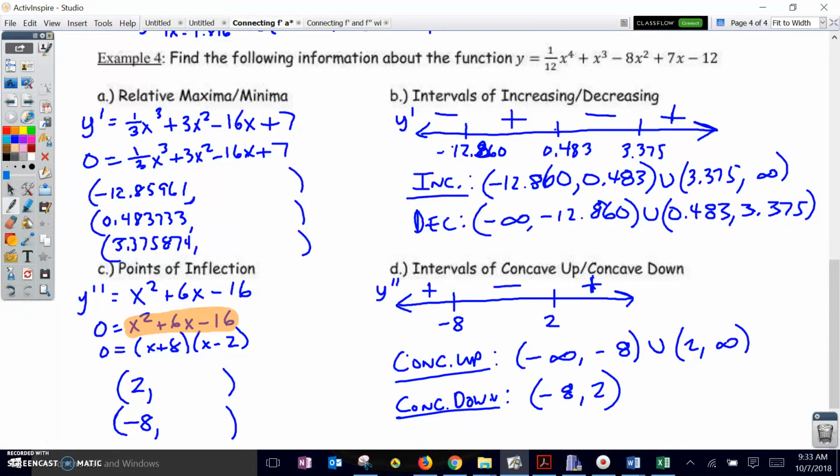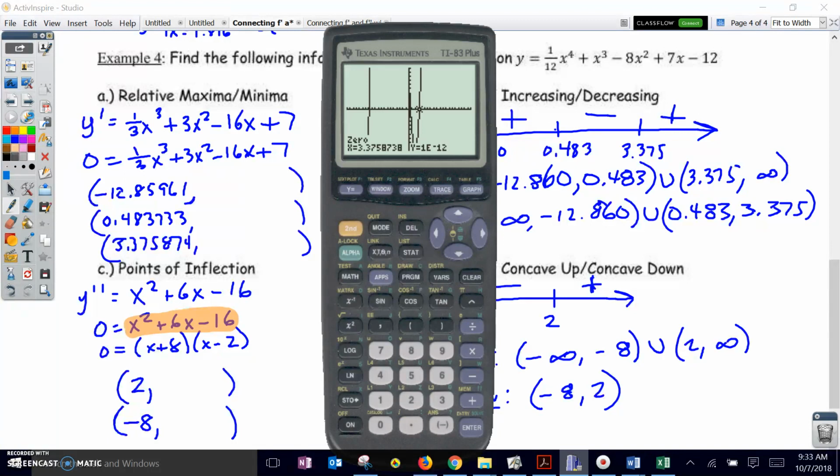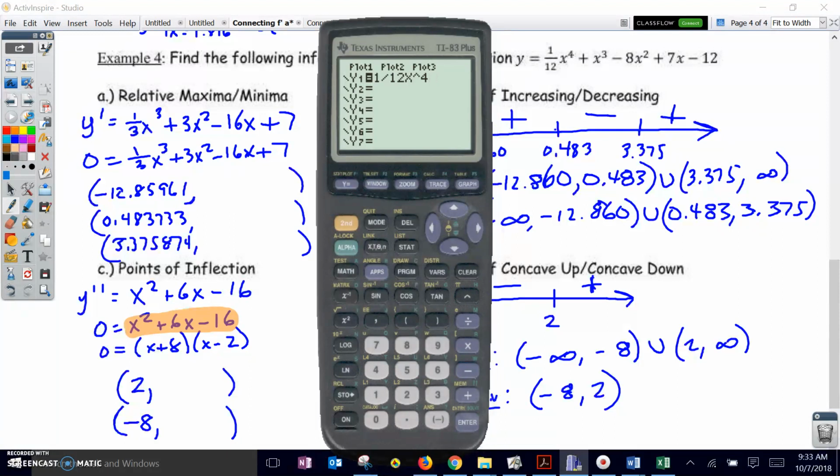All right, and the last thing I need is the y coordinates of all these points. I'm going to go back and put my original function into here and use my table to get all those y coordinates. x to the third minus 8x squared plus 7x minus 12.